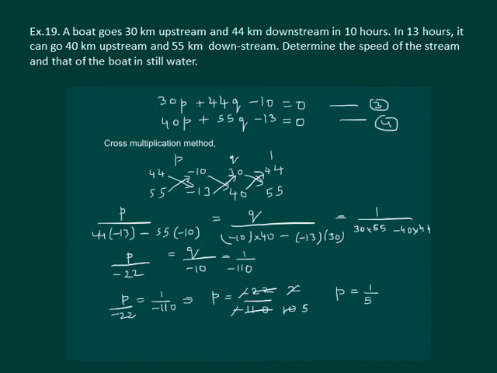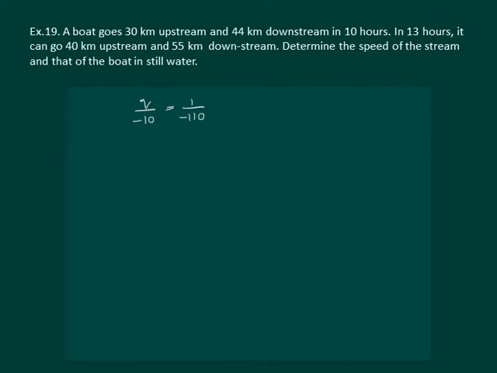Similarly, we can calculate q. We get q equal to minus 10 by minus 110. Minus gets cancelled and we are left with 1 by 11. So we have p equal to 1 by 5 and q equal to 1 by 11.